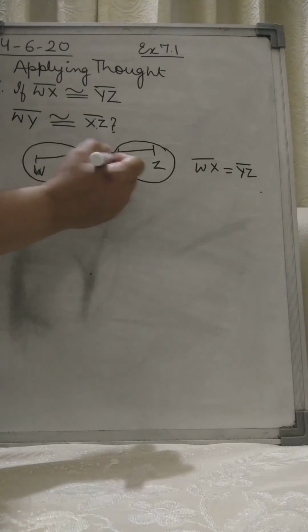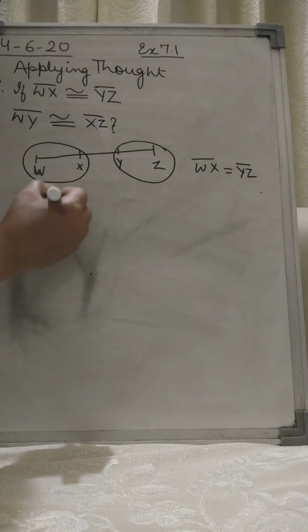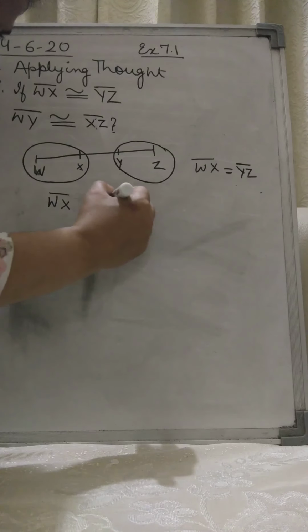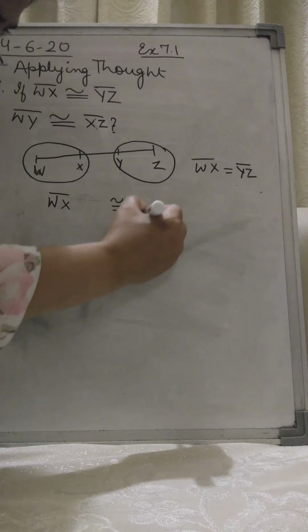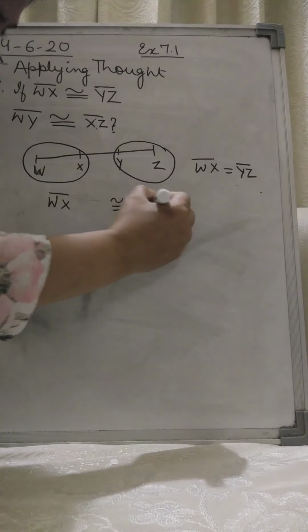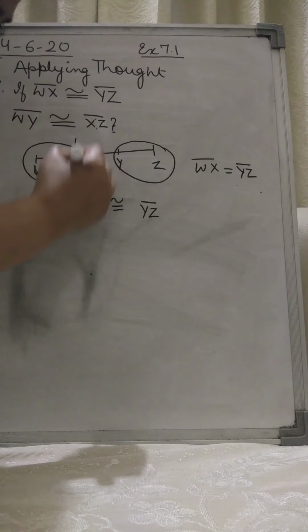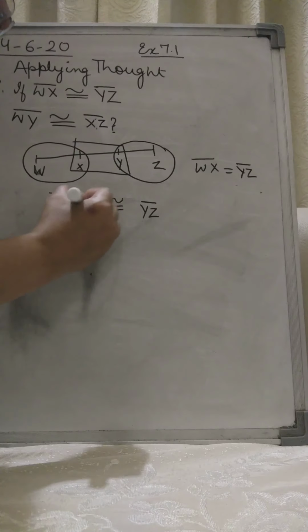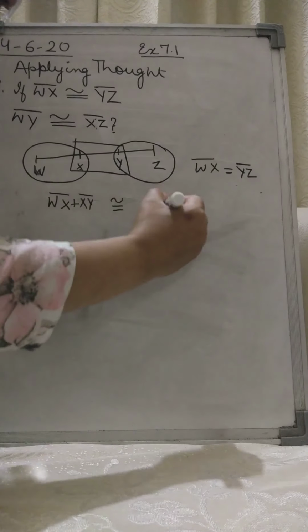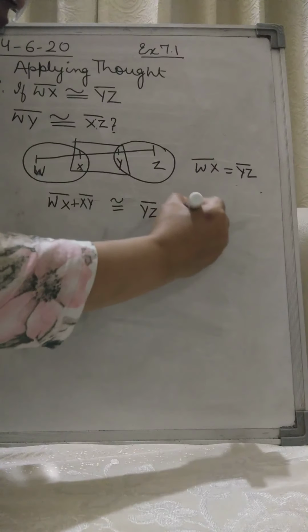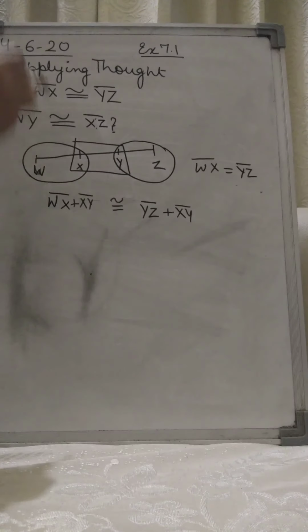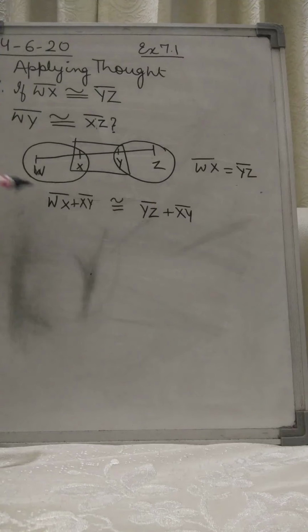Now if you add, these are already congruent. If you add the same part, the center one, XY, on both the sides, already these were congruent, these two line segments.